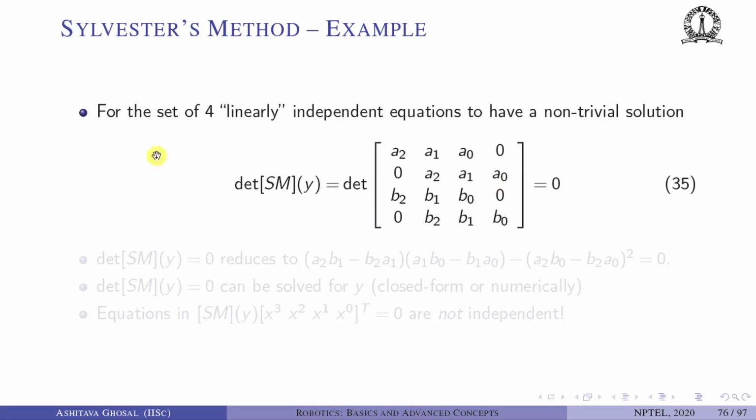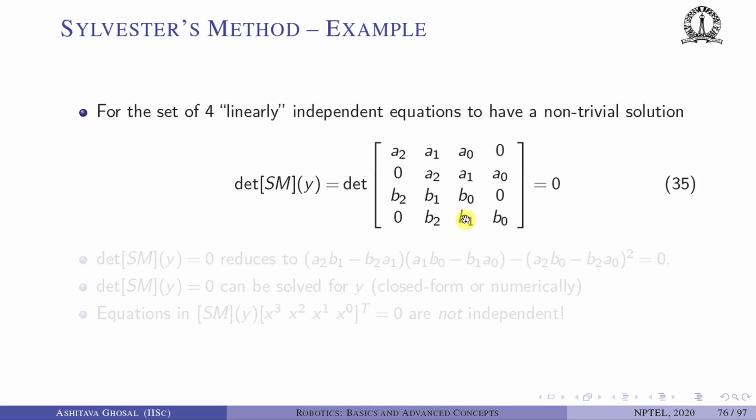Okay, so the set of 4 linearly independent equations are [a2, a1, a0, 0] into some column vector, [0, a2, a1, a0] into the same column vector, and so on. Okay, [b2, b1, b0, 0] into the same column vector and [0, b2, b1, b0] in the same column vector.